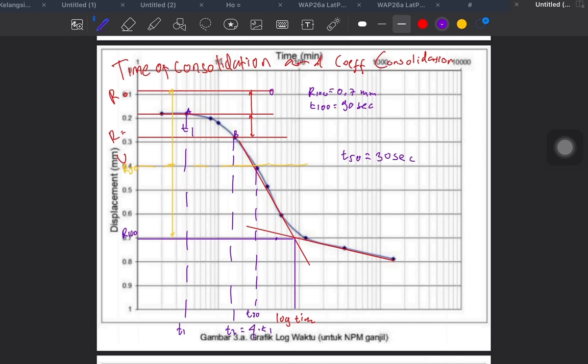Then we can calculate the coefficient of consolidation for 50%.